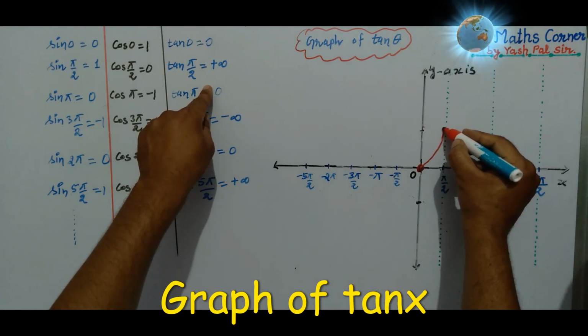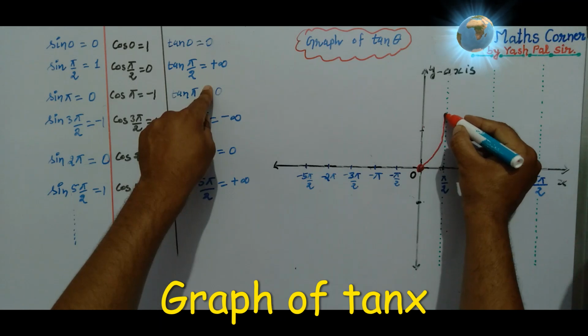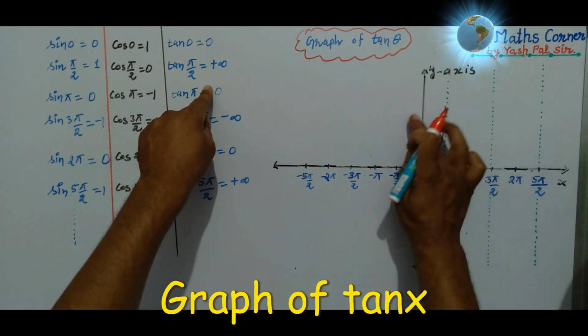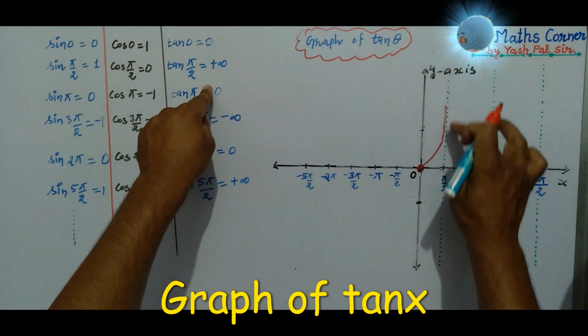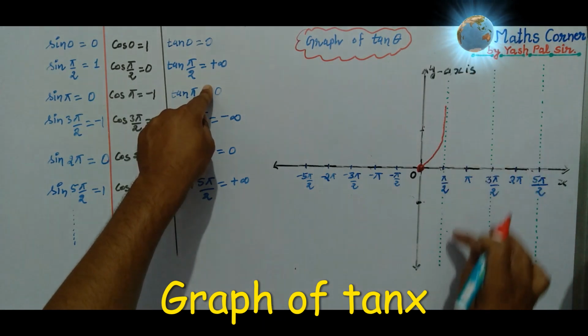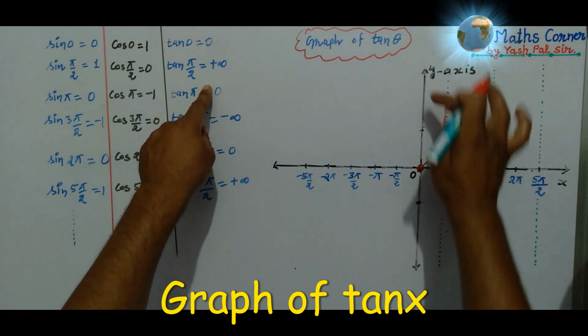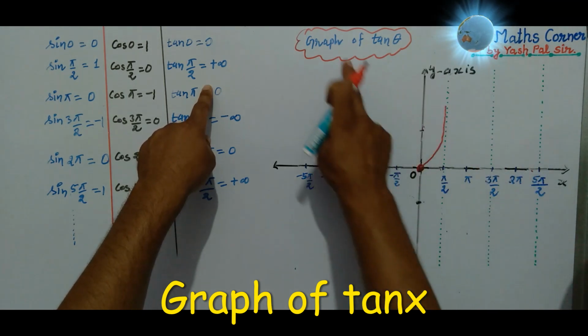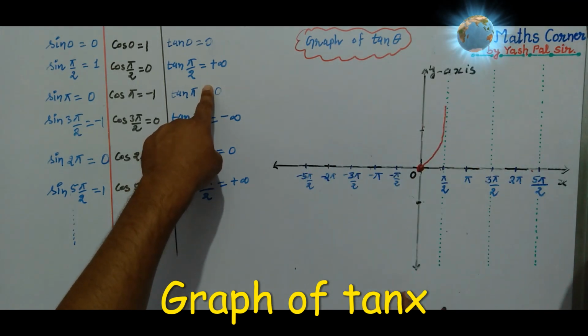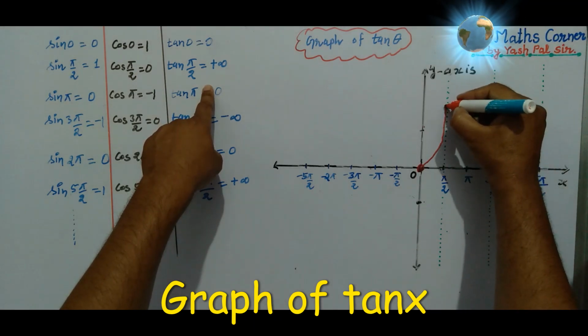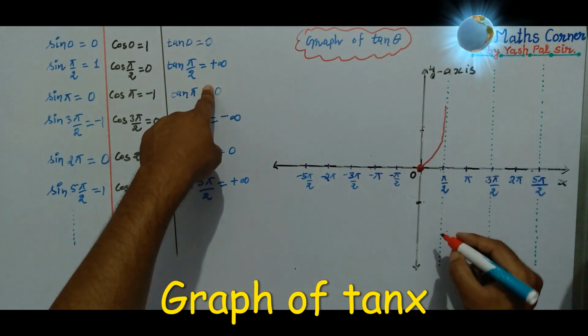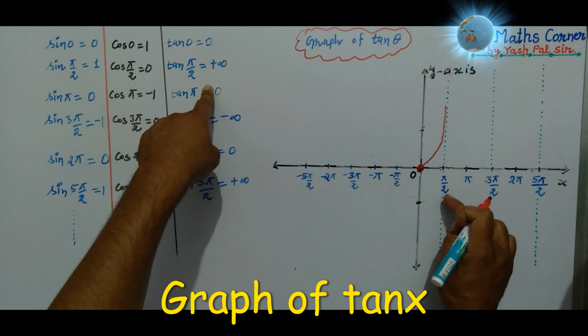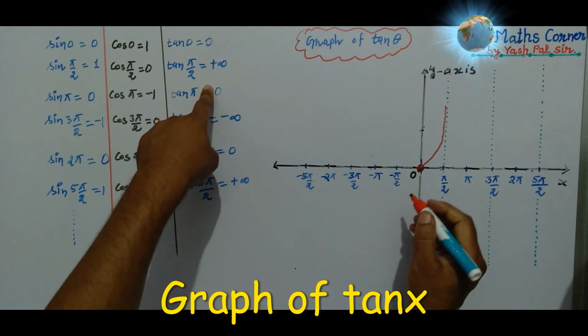At pi by 2 the graph will not touch this line parallel to the y axis. In a dotted form we have drawn one line parallel to the y axis, and this red line indicates the graph of tangent theta. It will never touch this dotted line because it will never reach pi by 2.